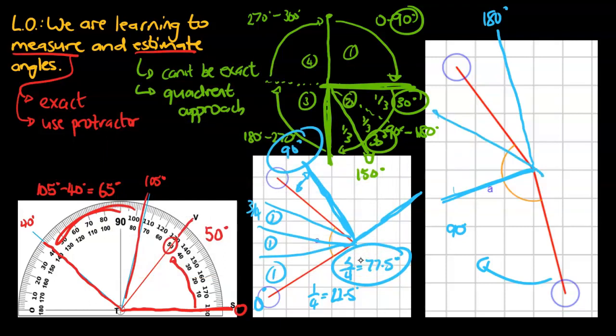If you have a look, we can break that up, probably into quarters again. We know that's going to be another 22.5, that there will be a 22.5, and that there will be a 22.5. We add them all together, and that's going to be 167.5 degrees. Guys, hopefully you found this video on measuring angles and estimating angles using the quadrant method useful.